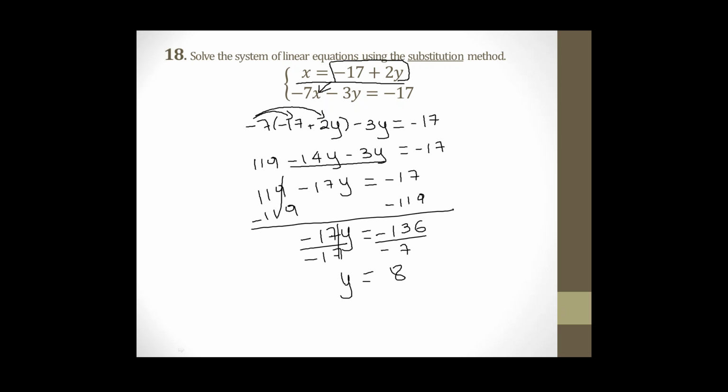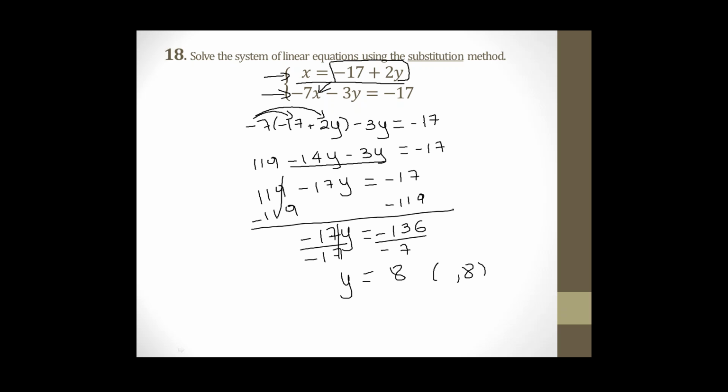Now I need to find the other piece because this is supposed to be an ordered pair. So I got my 8. I go up here in either of the two equations. It doesn't matter, this one or this one. You step out of the box and you tell me which one is easier for me to plug it in. Can somebody tell me?